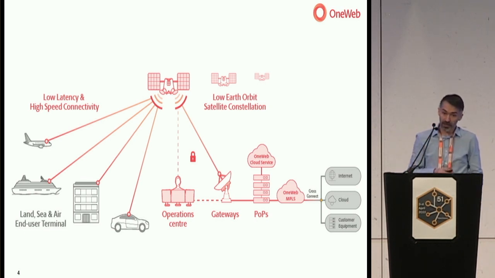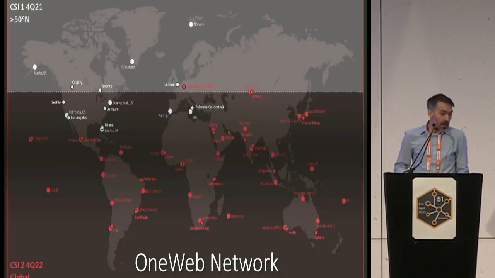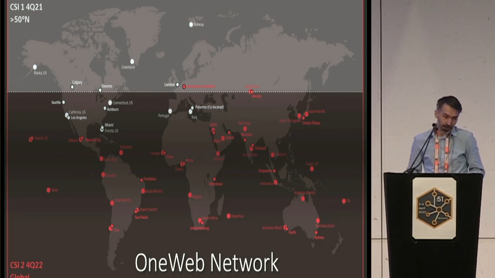We interconnect with various customers. We provide internet access, and most of our service is a business-to-business model. The way the network was when this slide was taken, we covered the whole globe. We need global coverage.